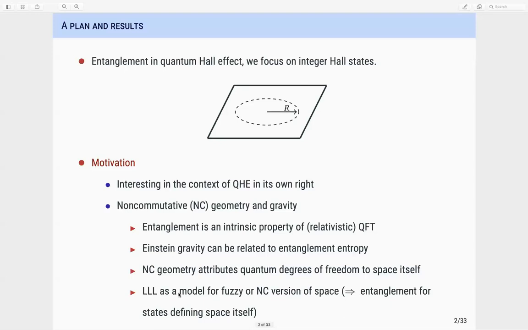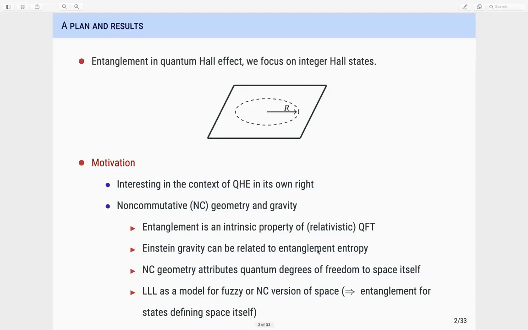So when we use the lowest Landau level as a model for a fuzzy space, entanglement in this quantum Hall system is effectively entanglement for states which define space itself. And that would be interesting because, via the entanglement entropy, we may hope to relate it back to Einstein gravity through the second point. So these are the general motivations.